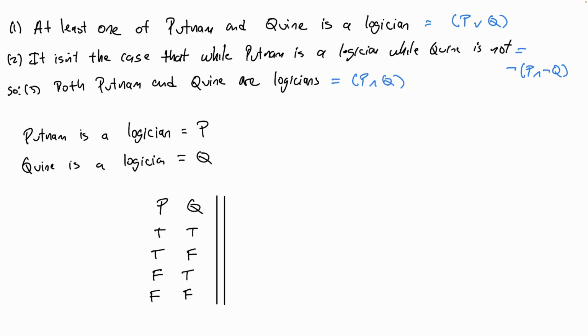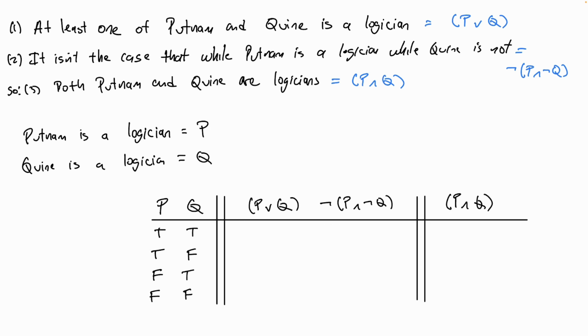So in order to tell whether there's any possible situation where the premises are true and the conclusion is false, we can follow these steps. First, consider the first type of possible scenario where both statements P and Q are true. Because the truth value of the first premise is determined by the truth values of those two statements, we know what the truth value of the first premise would be in any situation of this first type.